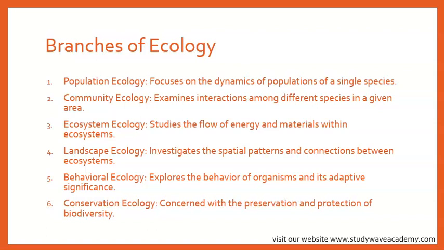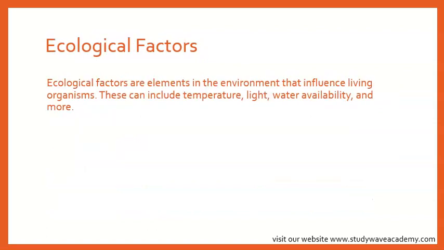So next we're going to be looking at ecological factors. Okay? Ecological factors are elements in the environment that influence living organisms. These can include temperature, light, water availability, and more. Okay?